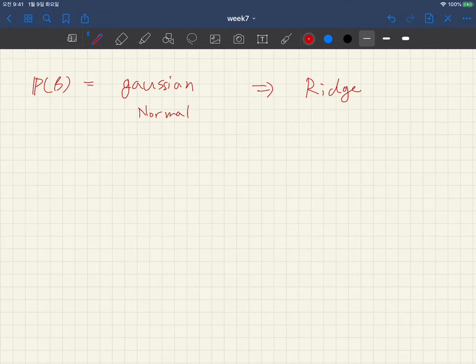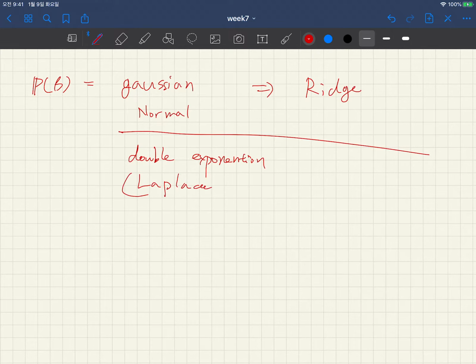If the probability distribution follows the double exponential, or Laplace distribution, then this is LASSO regression. Okay, so the shape of the Gaussian distribution looks like this, and the shape of the Laplace distribution looks like this.